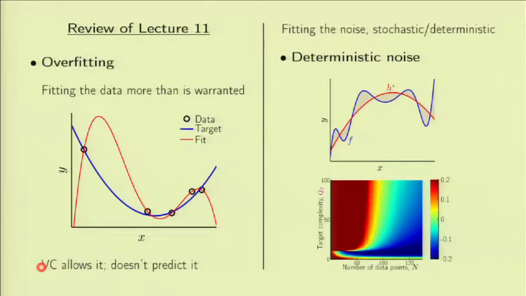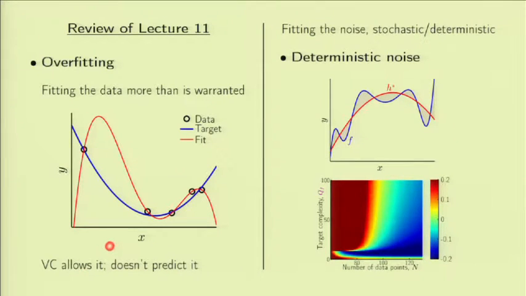And within this, the generalization could be that good, and it could be that, etc. And furthermore, it could be that the in-sample error is going down while the out-of-sample error is going up, which is our definition of overfitting. Or it could be that both of them are going down, but the generalization is getting worse and whatnot. So it doesn't specify to us whether overfitting will happen or not. So although it doesn't predict it, it allows it.